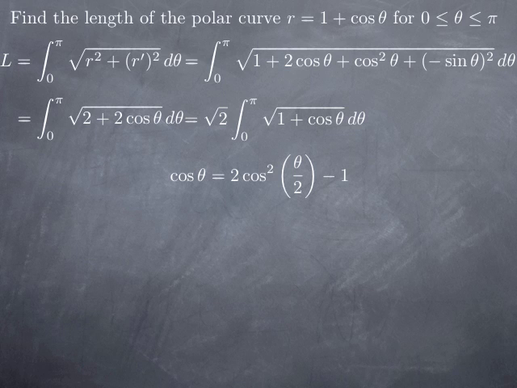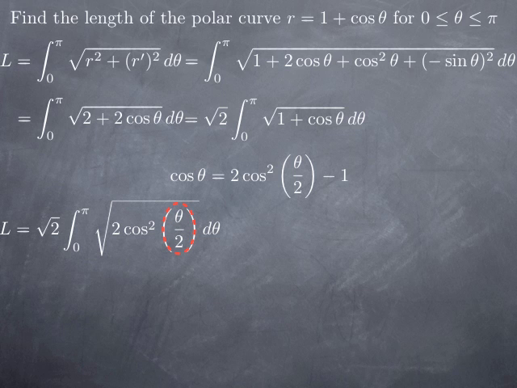Since inside the square root we're adding 1 to this, the 1 and negative 1 cancel out, and we end up with root 2 integral from 0 to pi of the root of 2 cosine squared of theta over 2. I can pull the 2 out of the square root. That gives me another square root of 2. So that gives me square root of 2 squared.